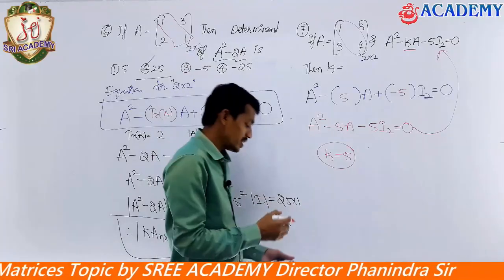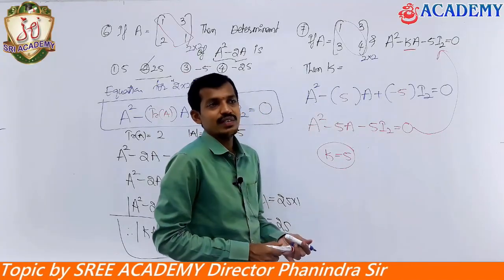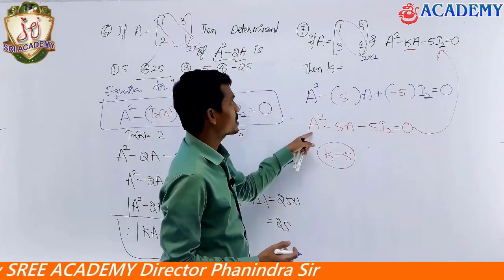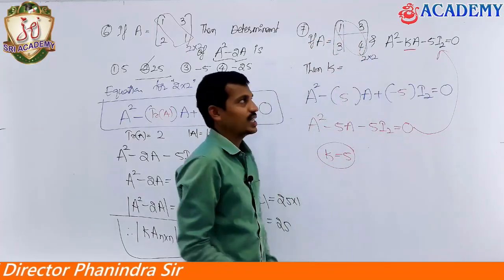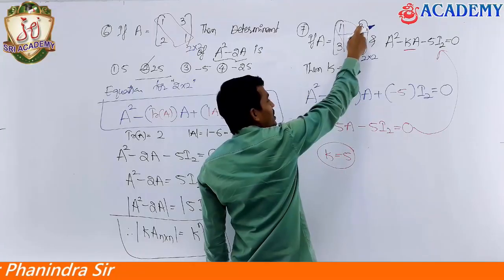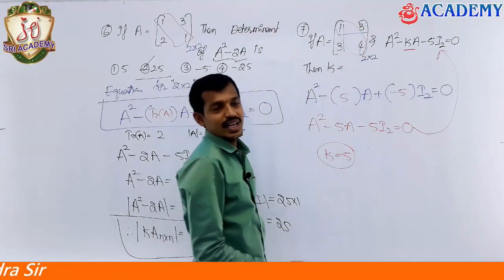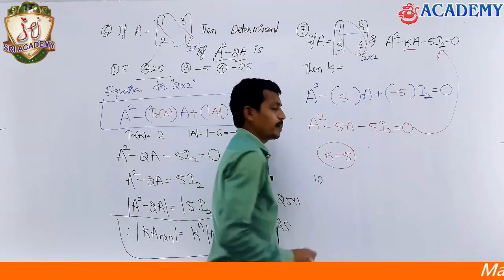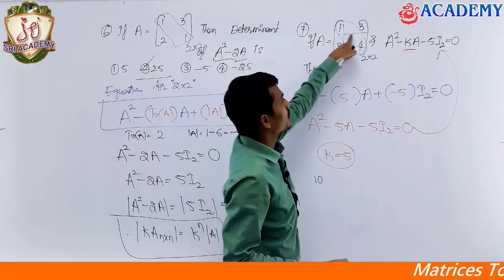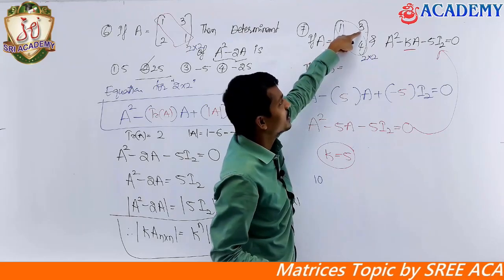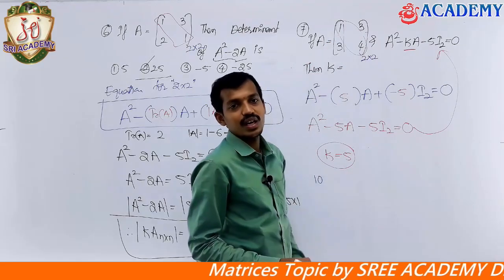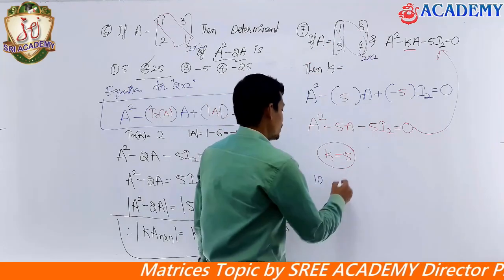I am writing here, just cross-checking that equation, just follow me. I am writing A square directly. First row with first column, you will get the first element: 1 into 1, 1, plus 3 into 3, 9, 1 plus 9 is nothing but 10. Then the second element, first row with second column: 1 into 3, 3, 3 into 4, 12, 3 plus 12 is nothing but 15.